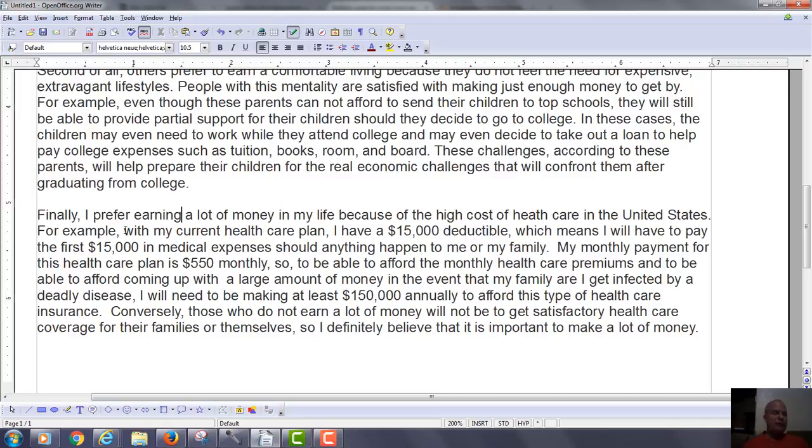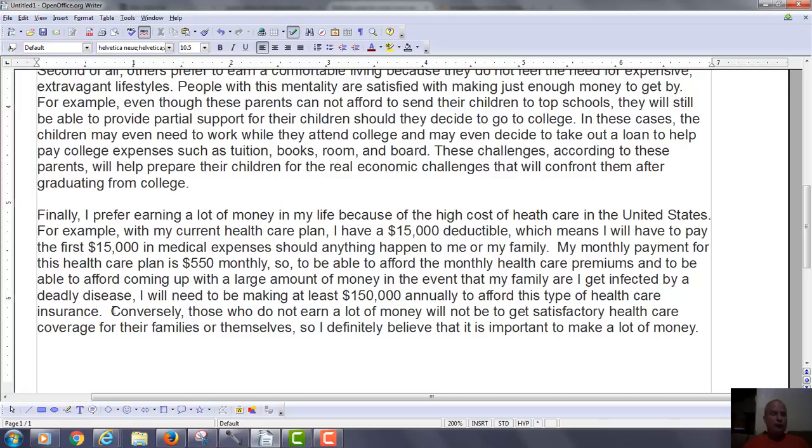My monthly payment for this healthcare plan is $550 monthly, so to be able to afford the monthly healthcare premiums and to be able to come up with a large amount of money in the event that my family and I get infected by a deadly disease, I will need to be making at least $150,000 annually to afford this type of health care insurance.